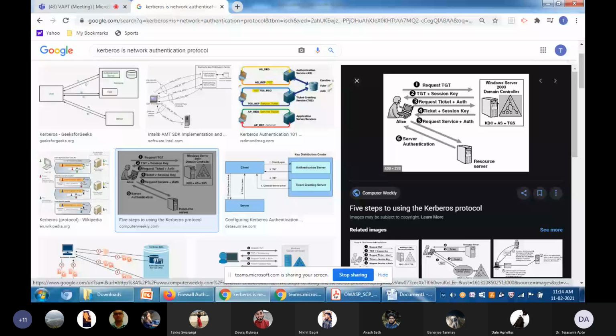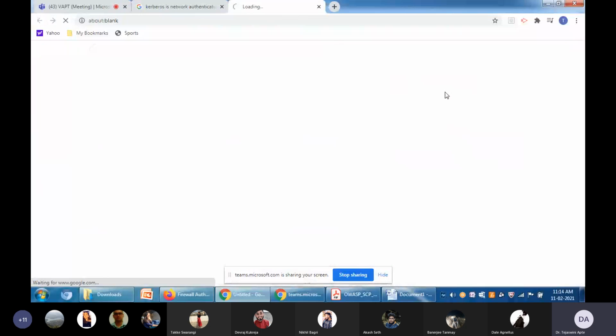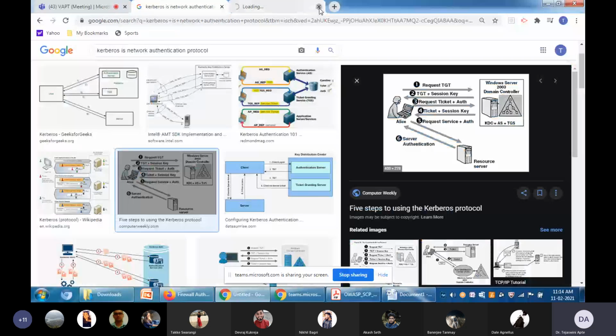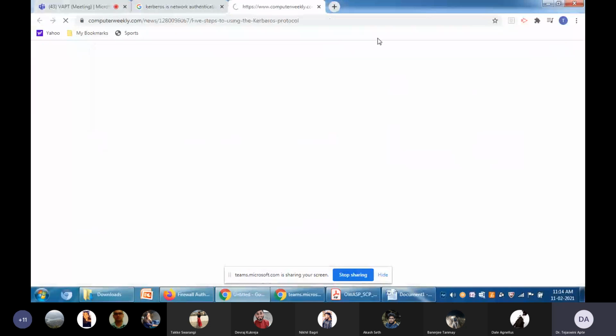Now, once the TGT as well as the session key is given to the user, the user is going to send a ticket request along with the authentication.